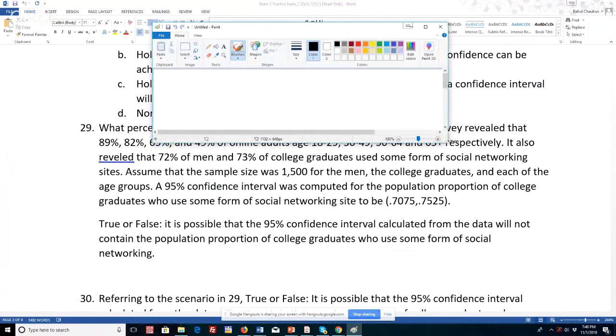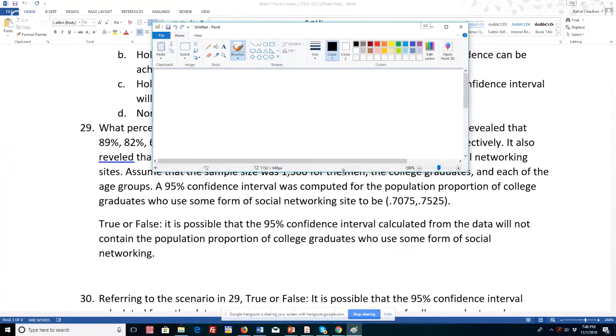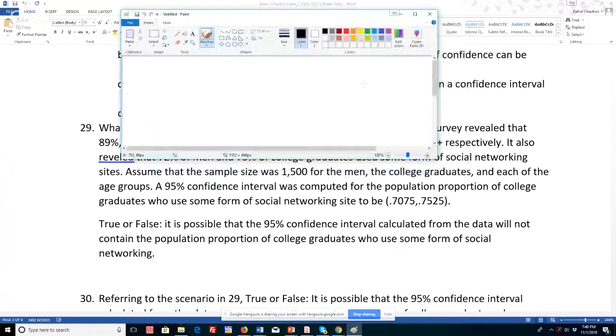to what a confidence interval is. So remember that when we take a sample and we get a point estimate, it may not truly reflect the population parameter. And so we create confidence intervals to try to account for that sampling error and say, all right, our population parameter may be somewhere between here and here.